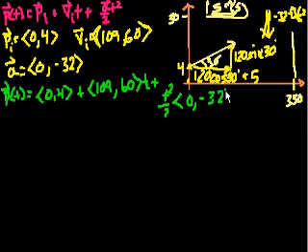This is actually a cleaner way of writing it, but it's exactly what we did when we used unit vectors. Instead of writing the i's and j's, we're just writing the numbers in brackets here.